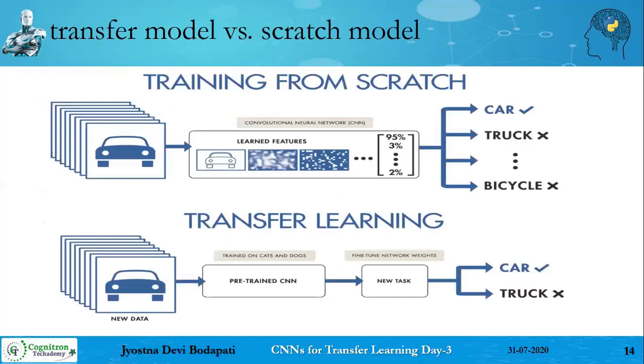And now let's see, you can look at this picture, and how training from scratch is different from transfer learning. Say, for example, I have a large model, the VGG16 itself. I am passing an image, basically a car image.